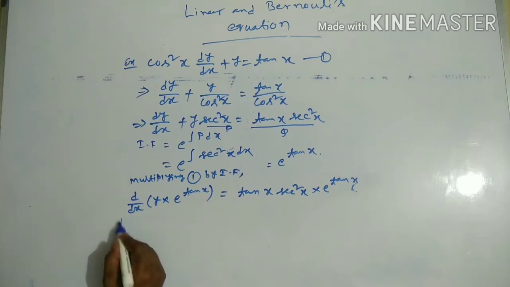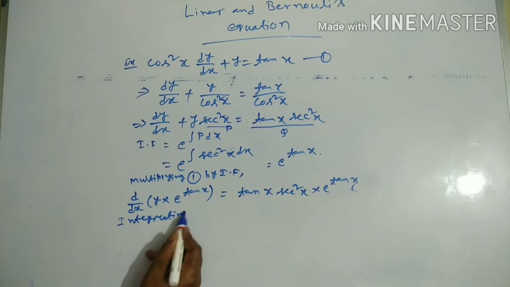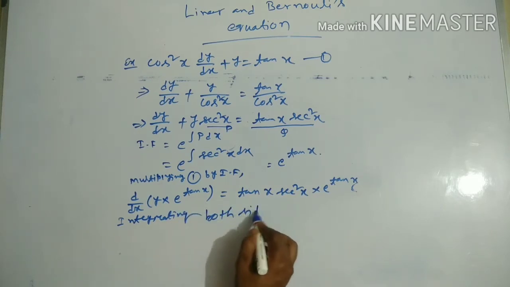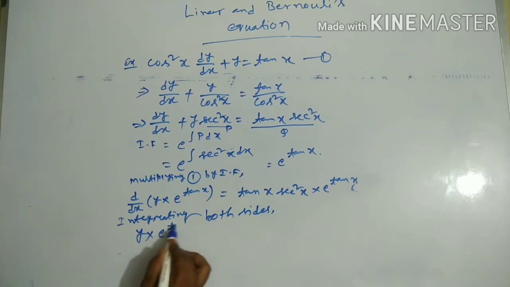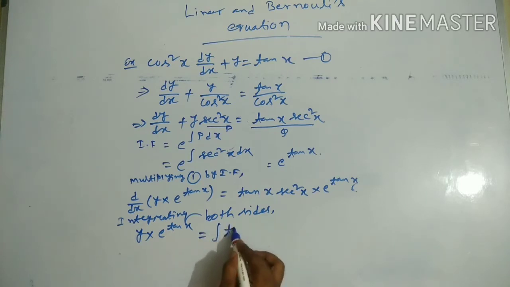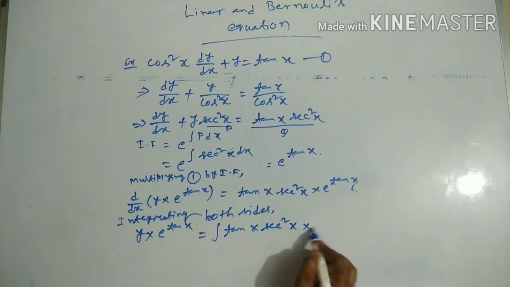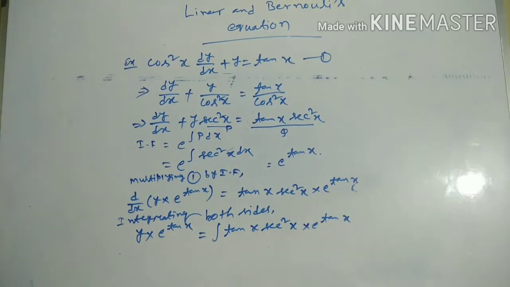Okay, now integrating both sides, y into e to the power tan x equal to integration tan x sec square x into e to the power tan x dx plus c.